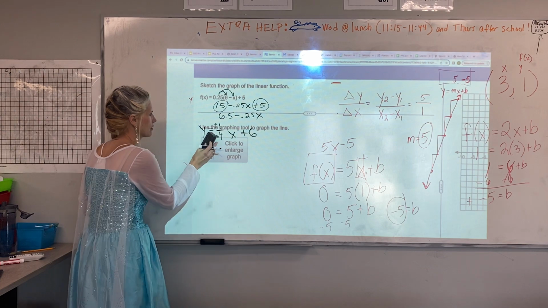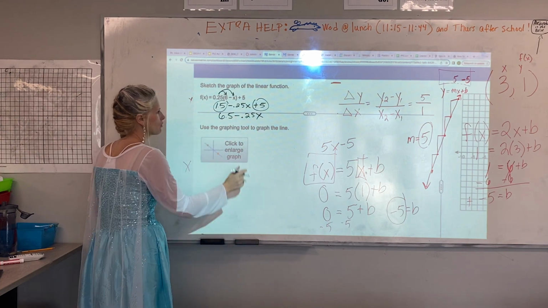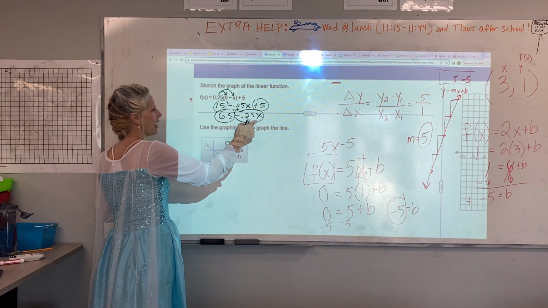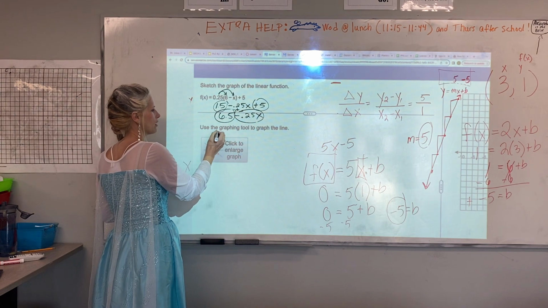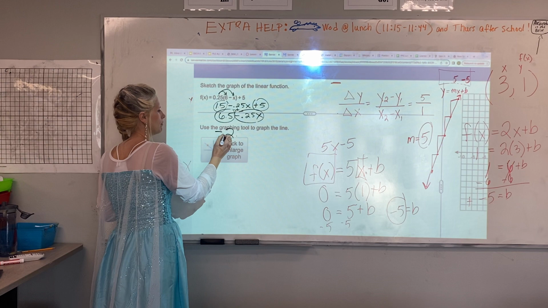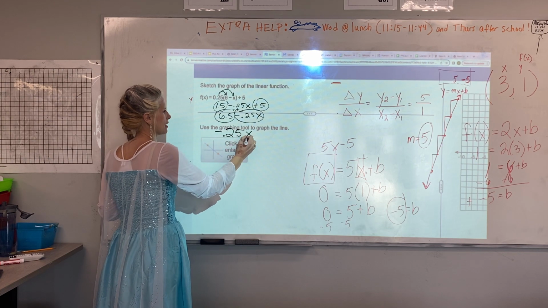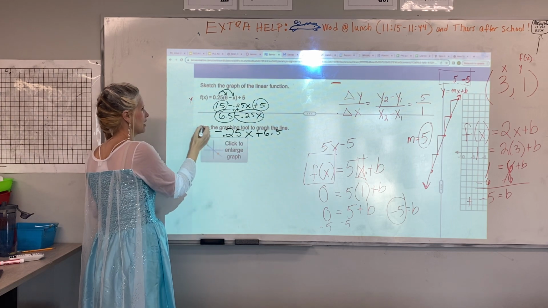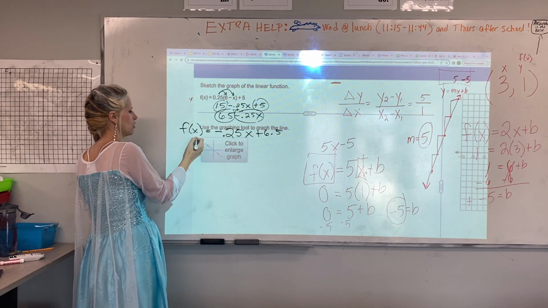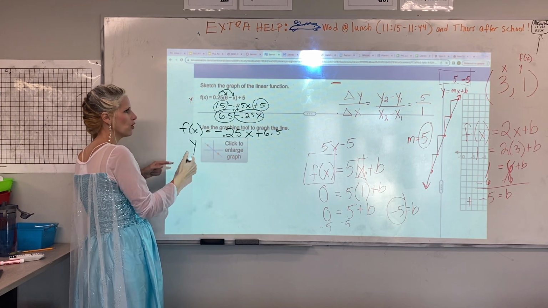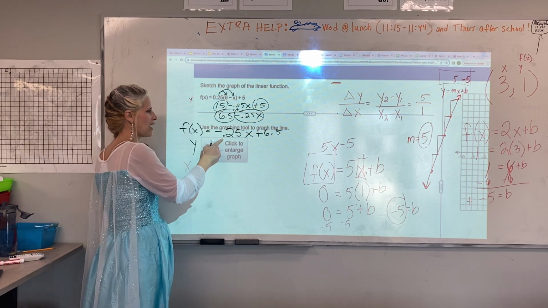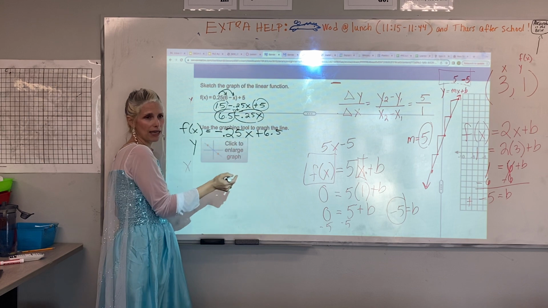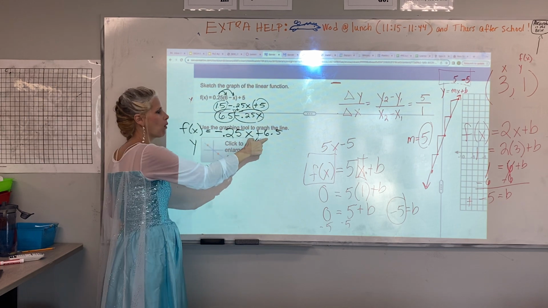So we have 6.5 minus 0.25x. I'm going to rearrange this by the commutative property of addition. So I'm going to put my x term over here, negative 0.25x plus 6.5 equals f of x, which we also know is the same thing as y. When we graph that, this is our y-intercept, so plot a point at positive 6.5 on the y.